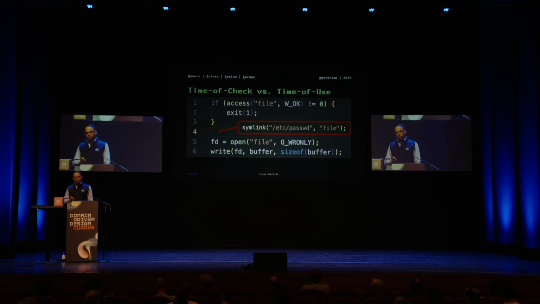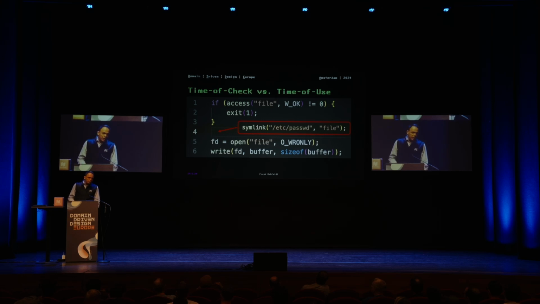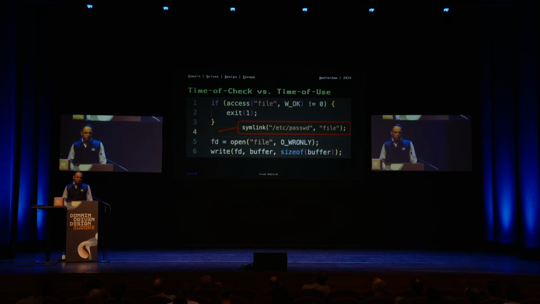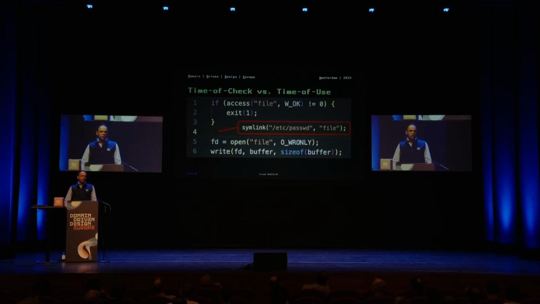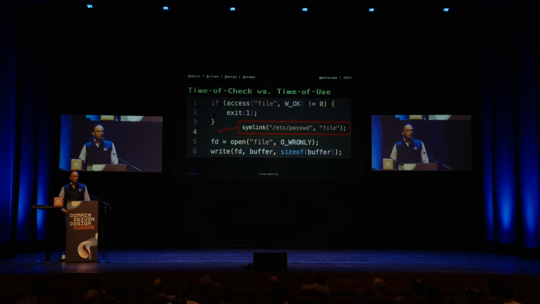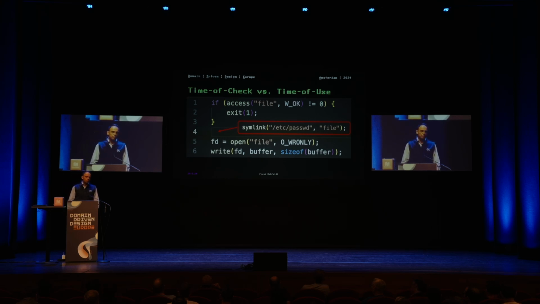And if you think this attack is unlikely because the attacker has to time it very well, to add the symlink in line 4, between the check and the execution, well, if you are a juicy target, you can be sure that even such vulnerabilities will finally be exploited.